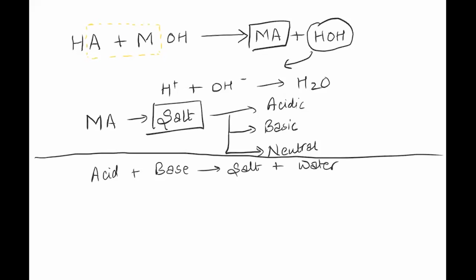If the acid is strong and the base is weak, the salt will be acidic in nature and water is produced. If the acid is weak and the base is strong, the salt will be basic in nature and water will also be there.